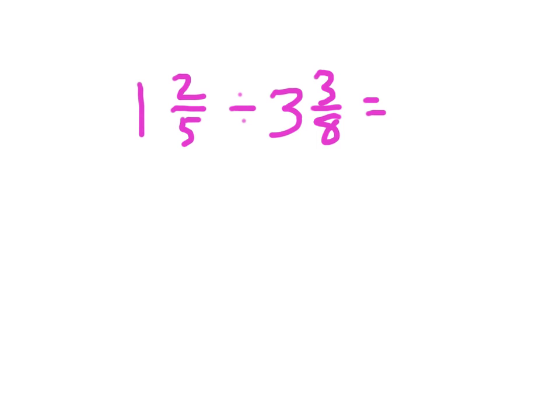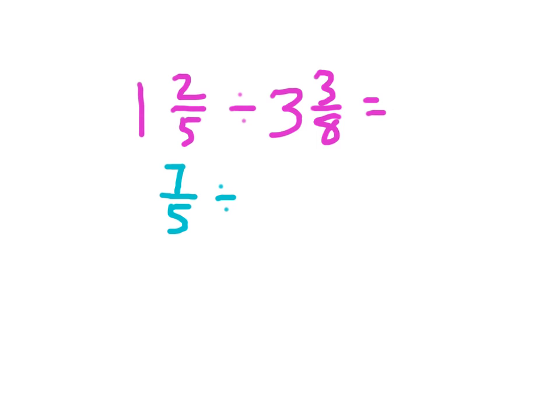Here's another problem where I am given two mixed numbers. And so I will have to find the improper fraction for each of those mixed numbers. 1 2/5. I know that 1 whole is already 5/5. Putting it together with 2/5, I get 7/5. I'll still write divided by. 3 3/8. I know that each whole is worth how many eighths? 8, right.